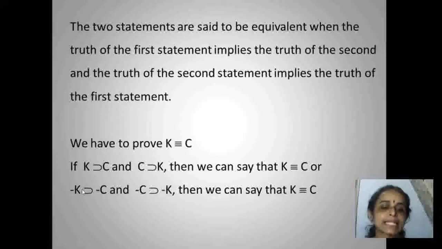That means minus K implies minus C and minus C implies minus K. Then we can say that K is equivalent to C. Either one we have to prove, either this or this. So here we are using the falsity of the statements to prove K is equivalent to C.